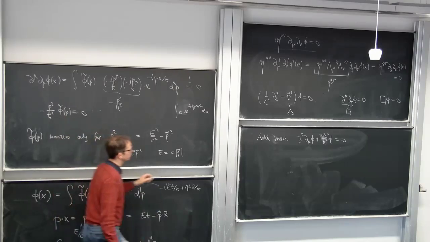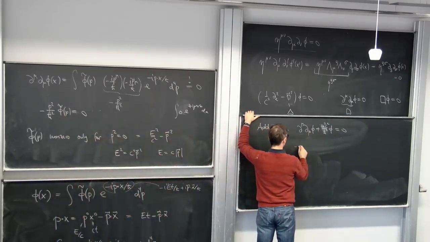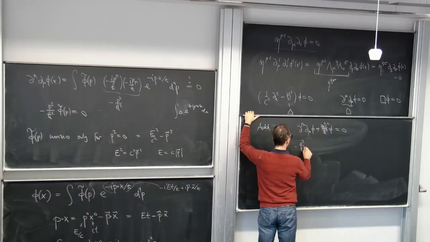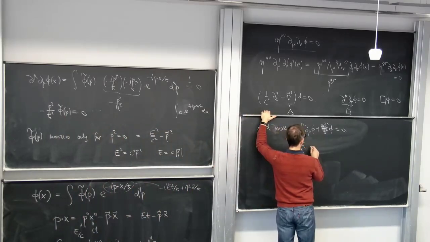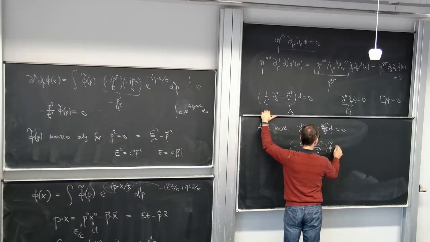And the Fourier version of this is here we have minus p squared over h bar squared from before, and this stays m squared c squared over h bar squared, all times phi tilde, equals 0.